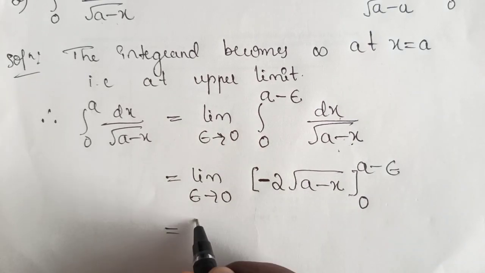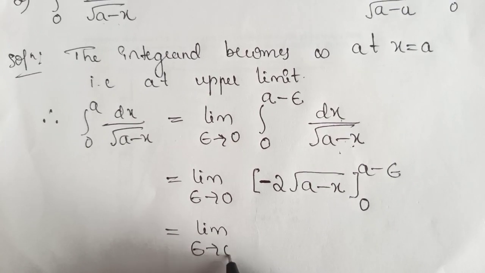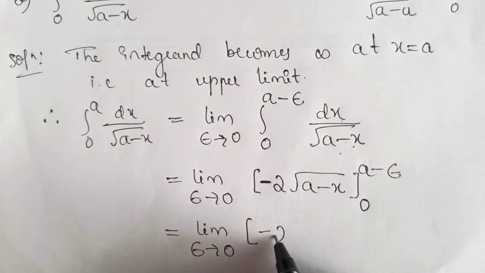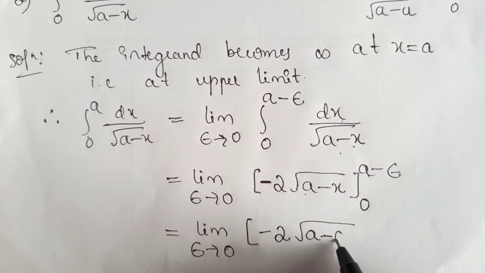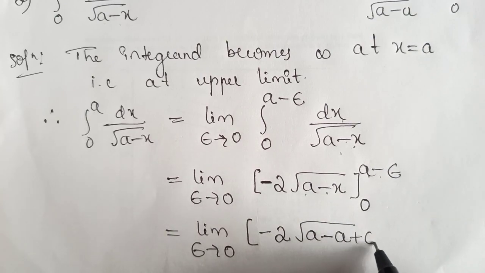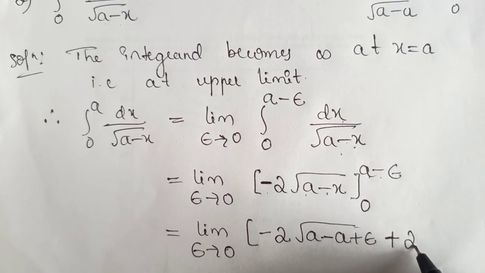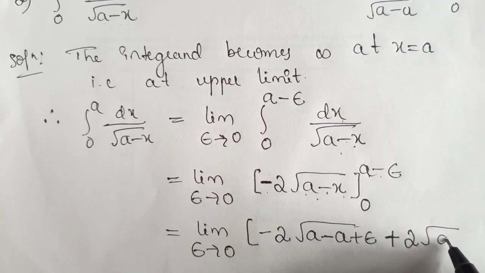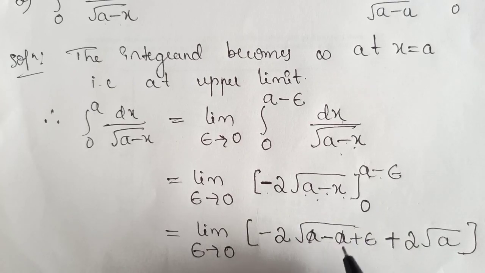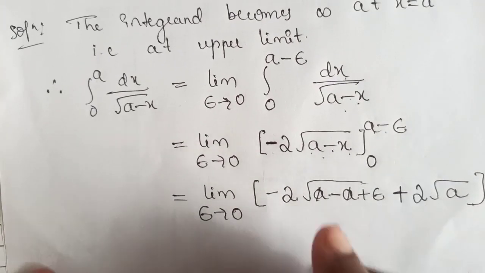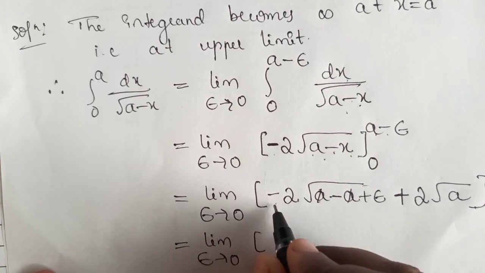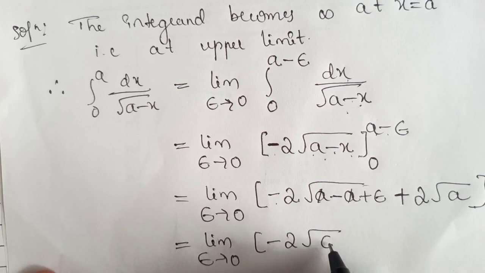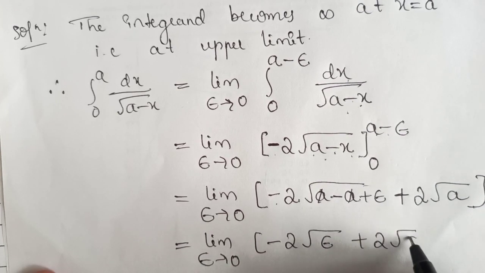Further simplifying, we get limit epsilon tends to 0, a minus epsilon minus into minus plus, lower limit is 2 root a minus 0, we get a only. Here a cancels, and we get limit epsilon tends to 0 of minus 2 root epsilon plus 2 root a.